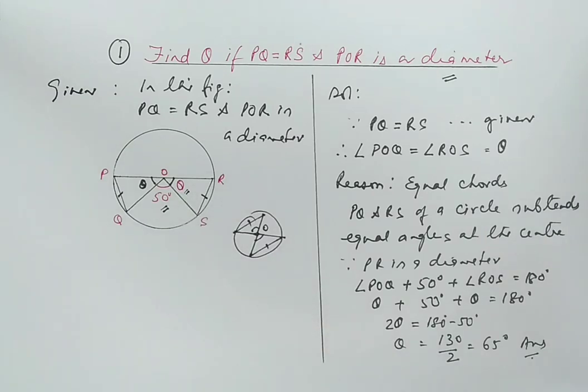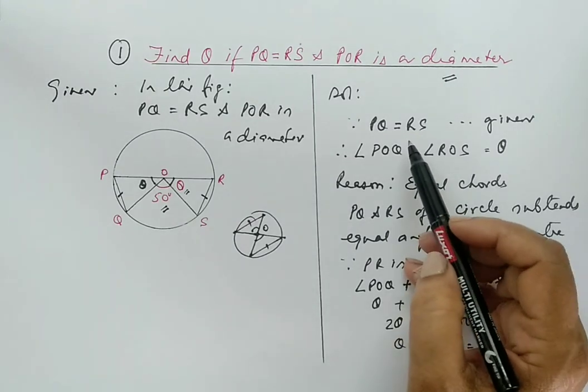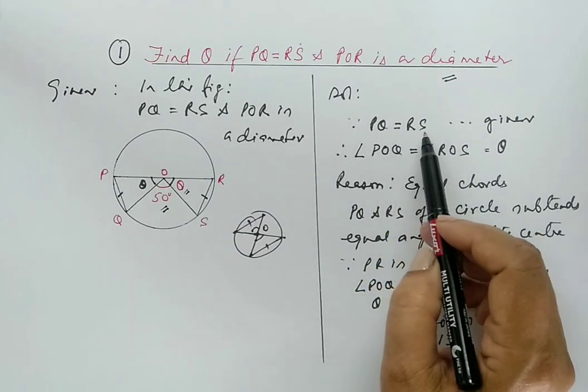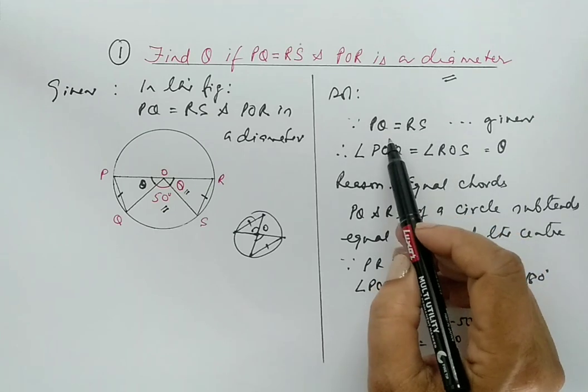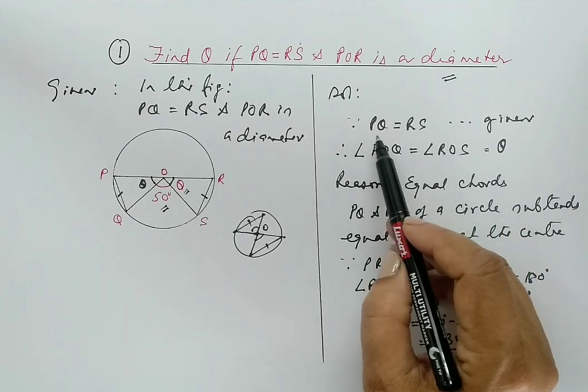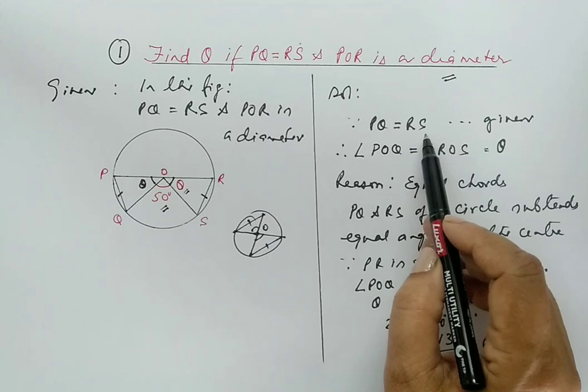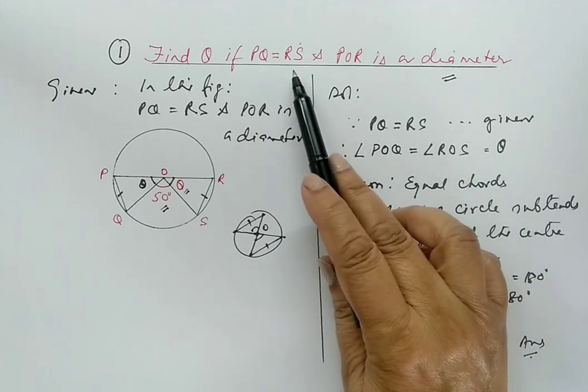But before that, we have to write certain statements, and which is what? I have written from advance, here in advance. So we have PQ equals to RS, which is given, as you can see here.